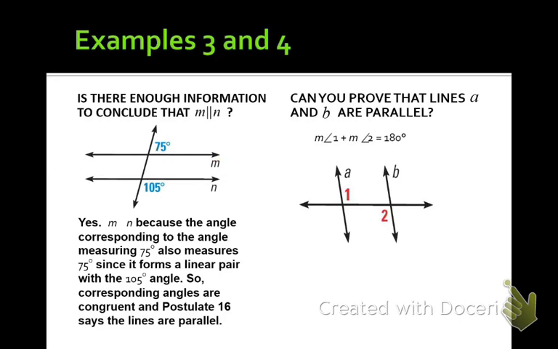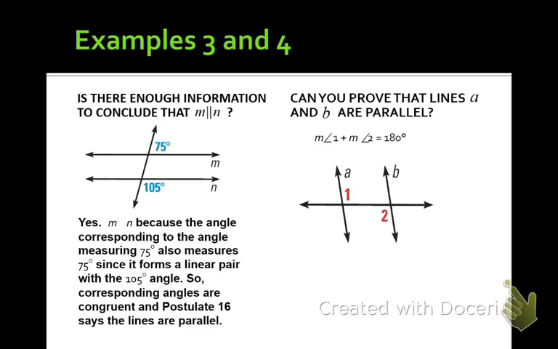So are these two lines parallel? Yes. And Ben started talking about corresponding angles, and so we can do that here too. The corresponding angle to the 75-degree angle is here, and that's going to be 75 also because they're a linear pair. And so we have enough information to make those two lines parallel.